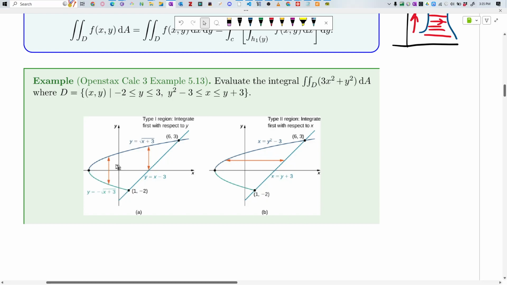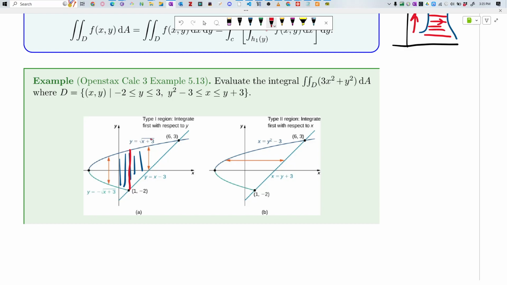Although you could integrate with respect to x on the outside, y on the inside, meaning that your integration order would look like this, you'd have to split this region into two pieces. You'd have to split it here because the lower function changes from this portion to that portion, which means that you'd have to compute two separate integrals and then add them together to get the result.